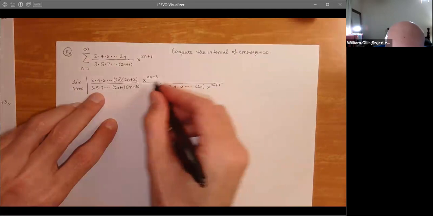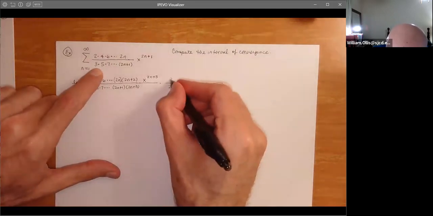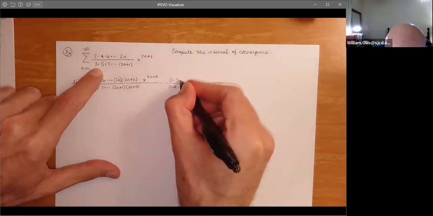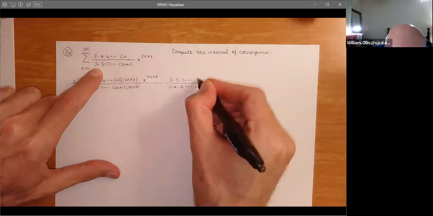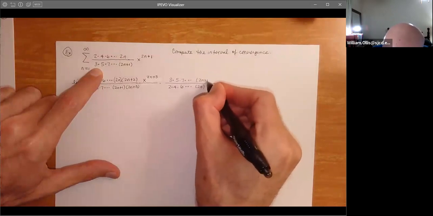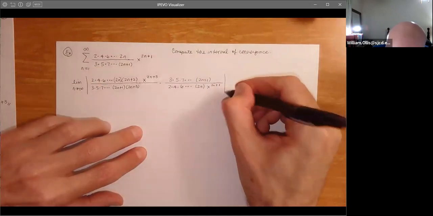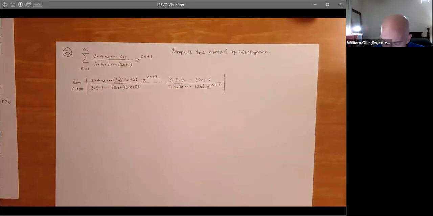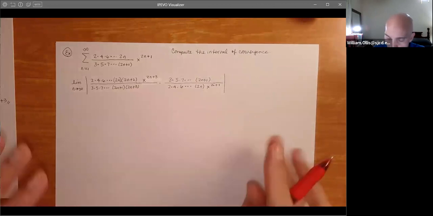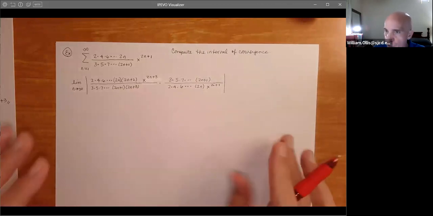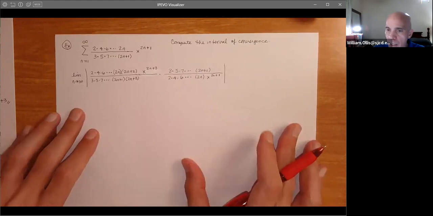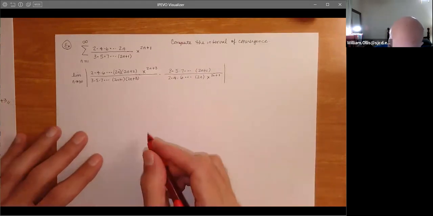And then upstairs we just get the odd factors, 3, 5, 7 to 2n plus 1. Now, we don't have to rewrite all of this. It's clear that we can do the absorption process without having to write all these factors again. Sometimes we make that choice just so we can move through the problem a little bit more quickly.